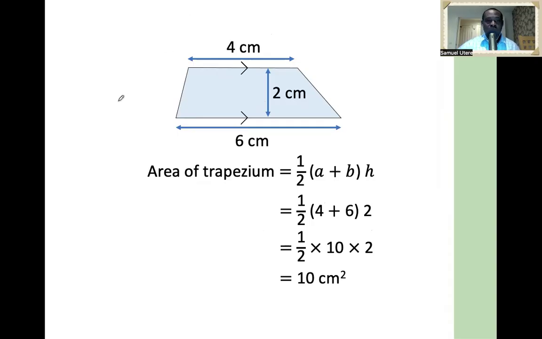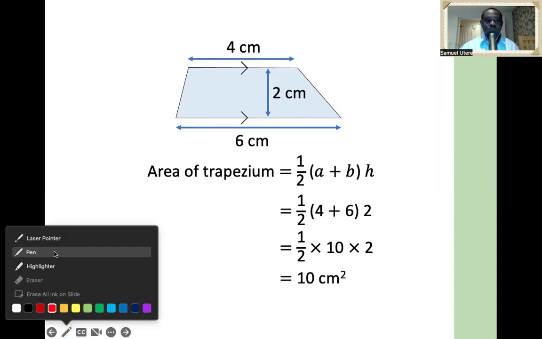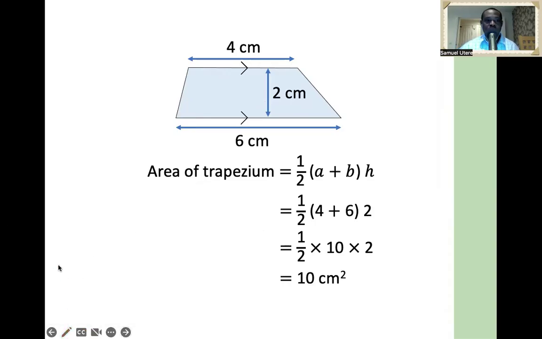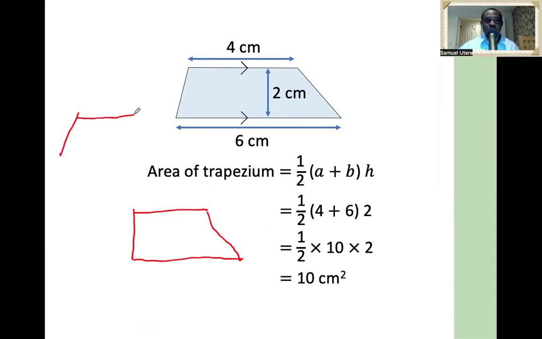I want to mention that you're going to see different shapes, different forms of trapezium. So let me just mention it now. You would see some trapezium that look like this. So this side is straight, and then this side will be parallel like that, and then that one would be like that. Then you could see some that look like this, and you could also see another trapezium that we call isosceles trapezium.